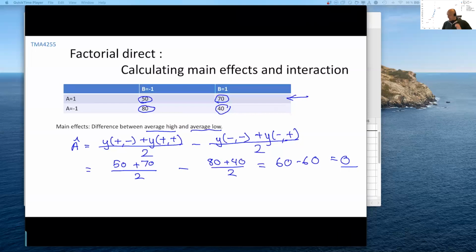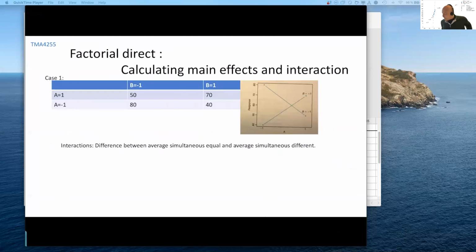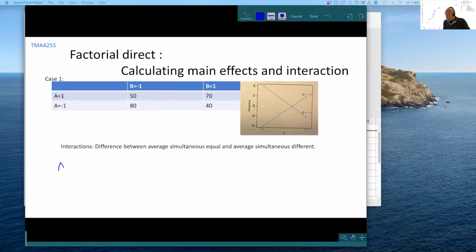And we do the same for interactions. Then we take differences when they are simultaneously large or simultaneously low. So with an interaction term here, we denote this by AB hat. And this would be the average when they are simultaneously equal, so simultaneously high or low, minus the average when they are simultaneously different.